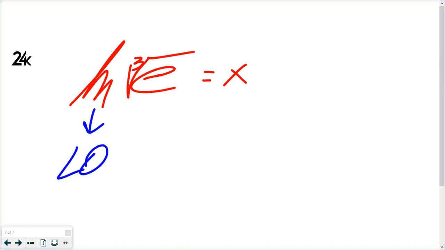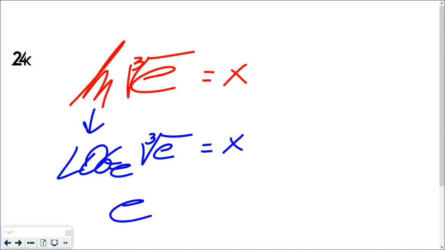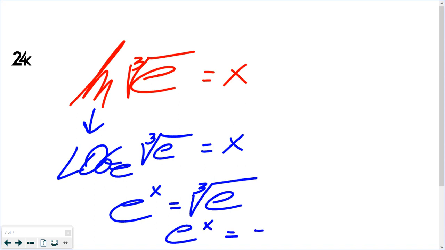This means log base e of the cube root of e equals what? So it would really be e to the x equals the cube root of e. E to the x equals e to the 1/3. Hey, it's 1/3. Well, yippee skippy.